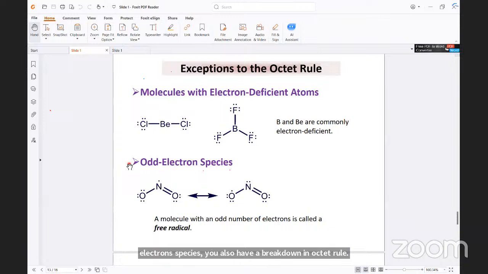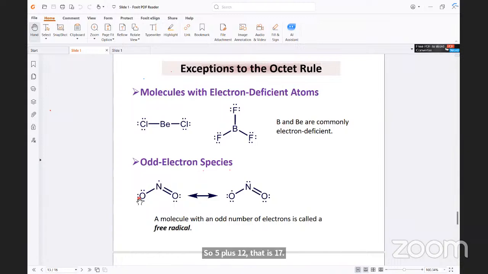Now, if you look at nitrogen dioxide here and write its Lewis structure, you have nitrogen having 5 electrons, oxygen having 6, and 6. So 5 plus 12, that is 17.